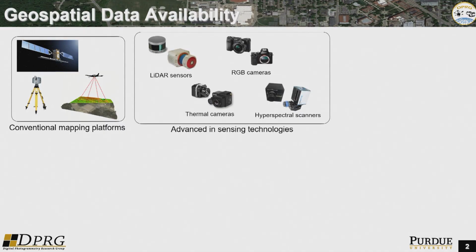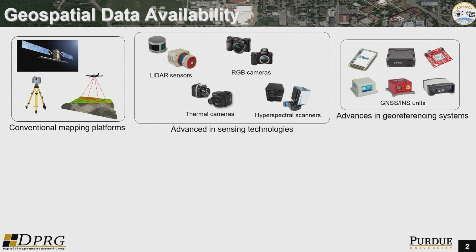Right now, we have developments or advances in the sensing technology, whether they are LiDAR, or imagery that includes RGB, multispectral, hyperspectral, and thermal. For hyperspectral, we have either visible near infrared or shortwave infrared.